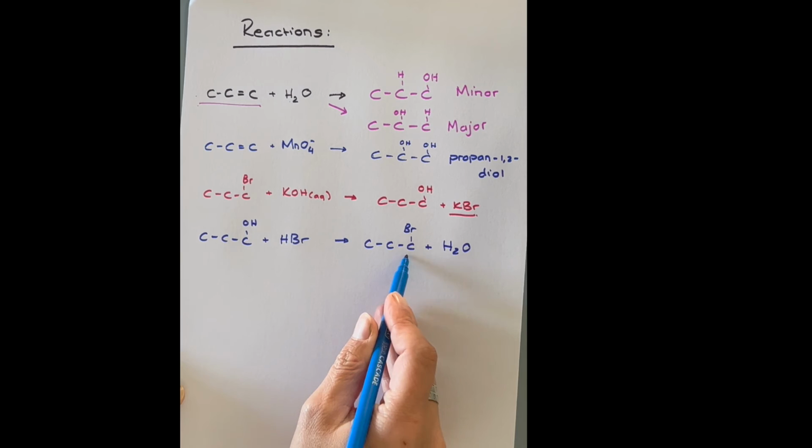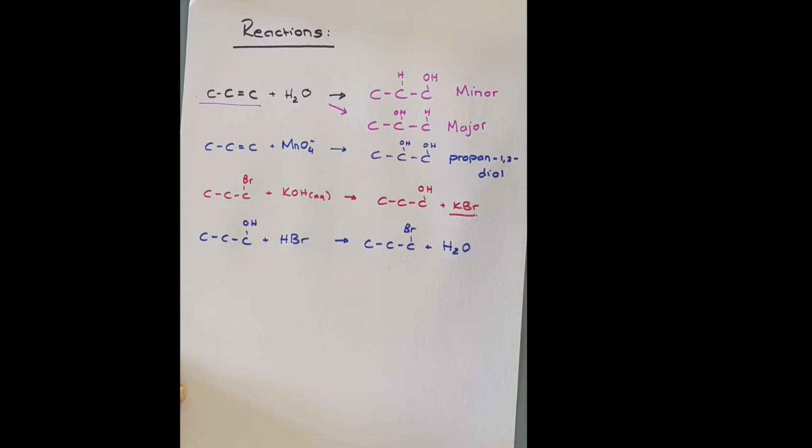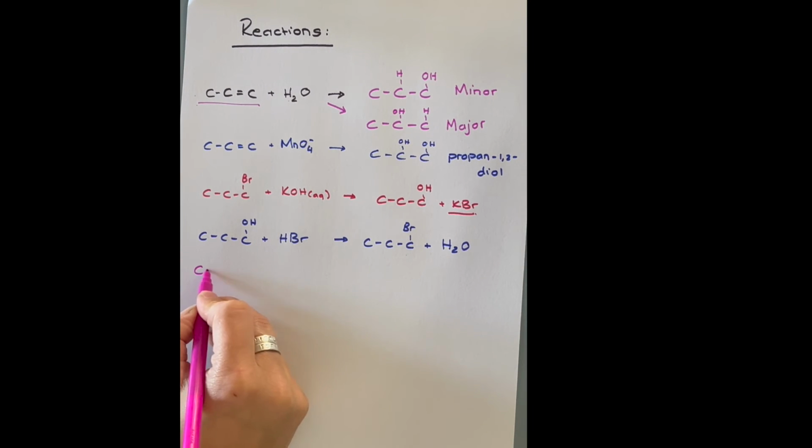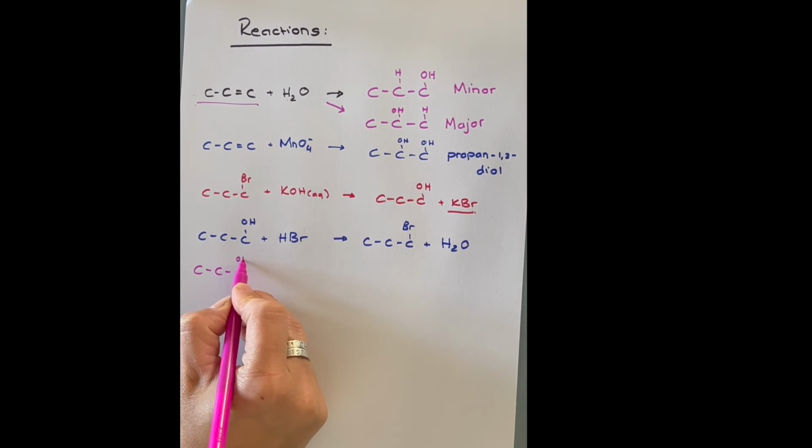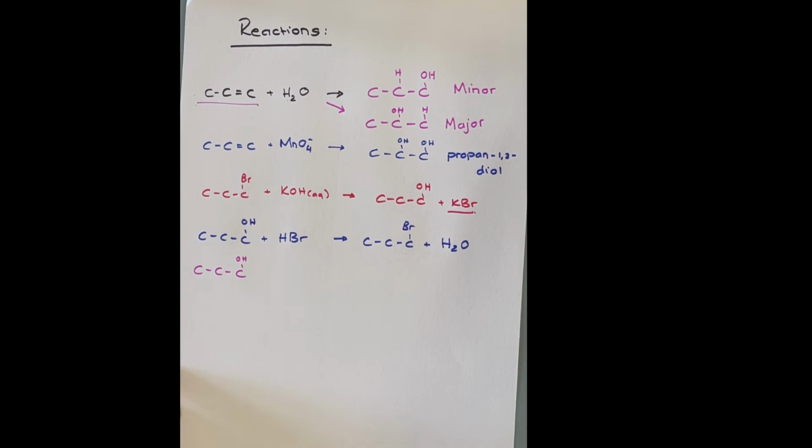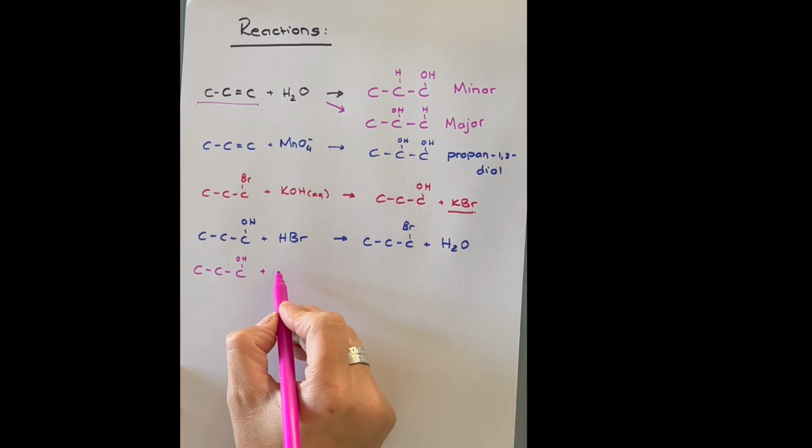Again, a swapping reaction is called a substitution reaction. Based on that, for the next one, we still have an alcohol, but if we want to add Cl, we have three options, or three carriers of Cl.